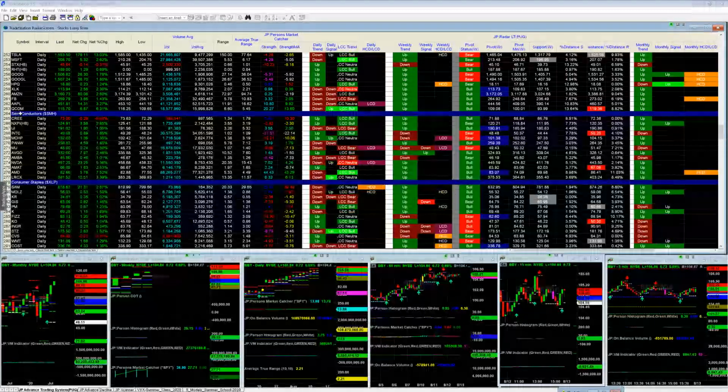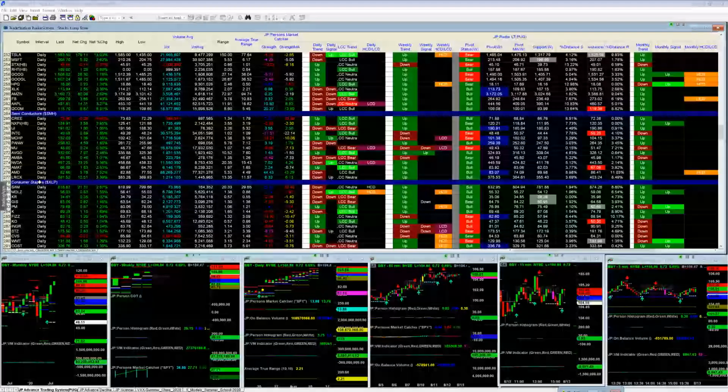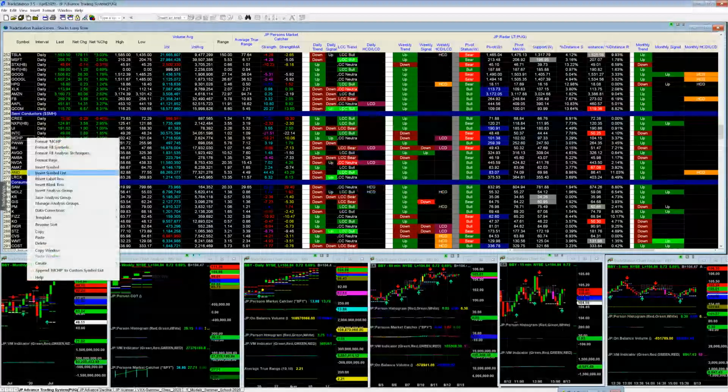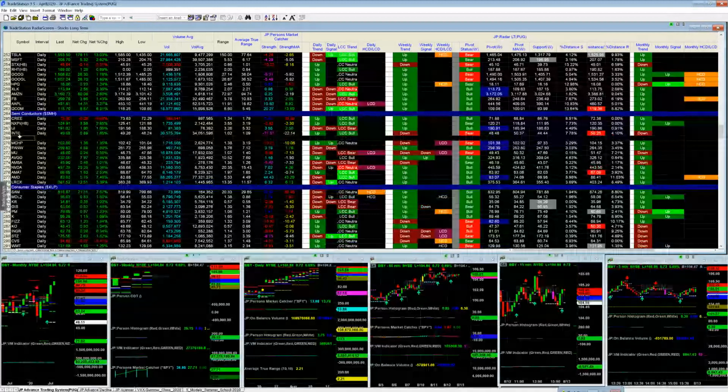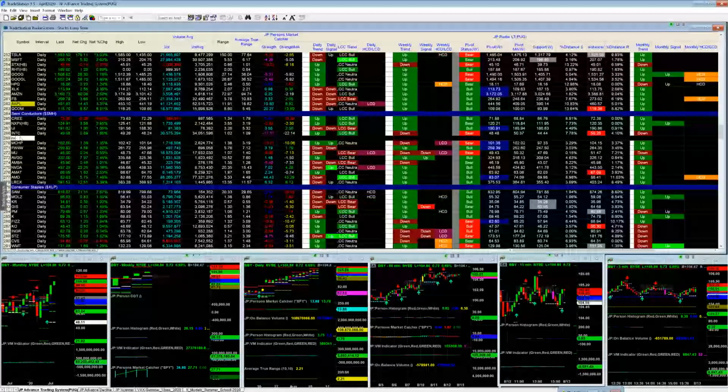We have the symbol. We broke down all the top industry sectors, and then the industry groups like staples, and then stocks within those, the top stocks. You can always add a stock or delete a stock if you want, and you do that by right-clicking and just insert a blank row and throw in whatever, NXPI. I don't think it's in here.